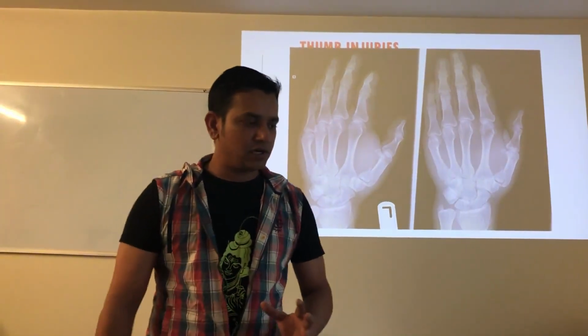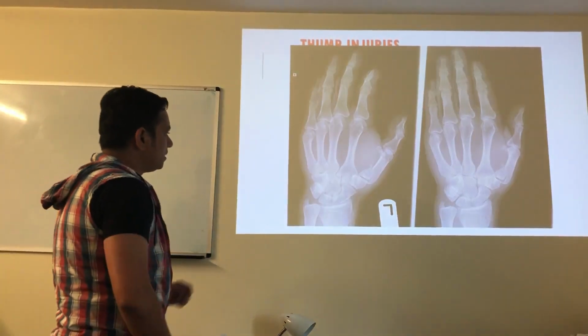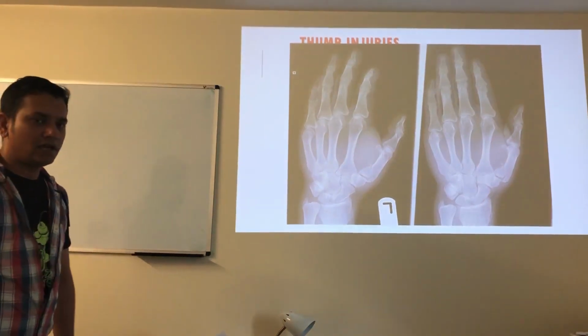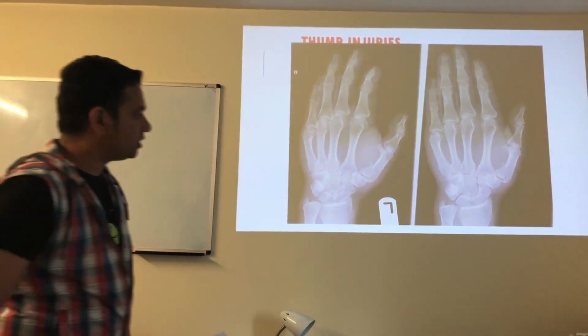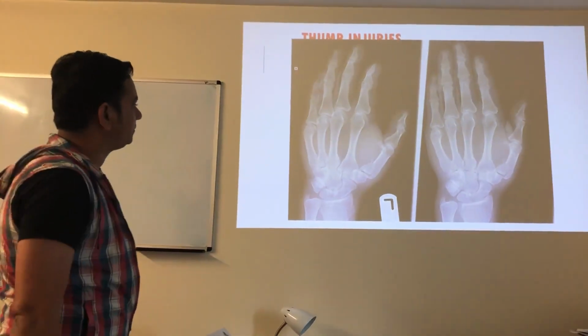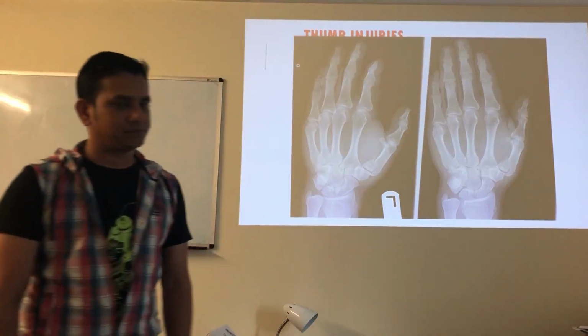Okay, so if you look closely at this X-ray, how would you describe the abnormality on this X-ray? Base of first metacarpal fracture.